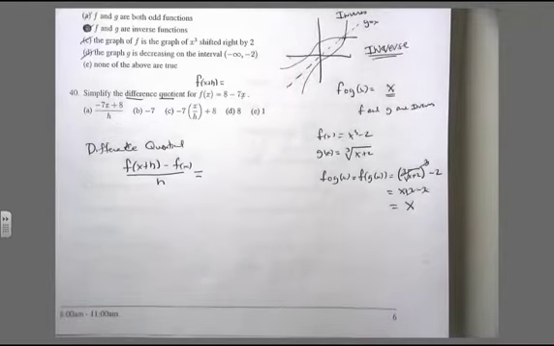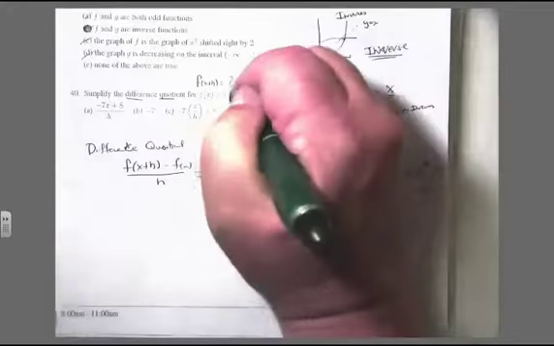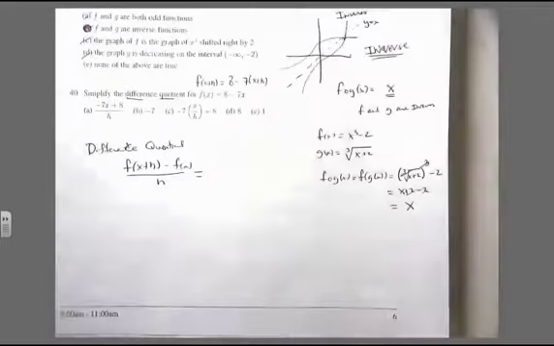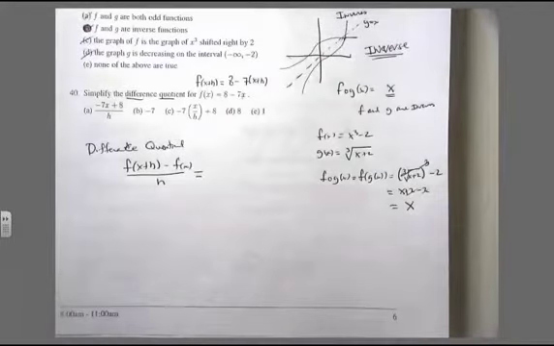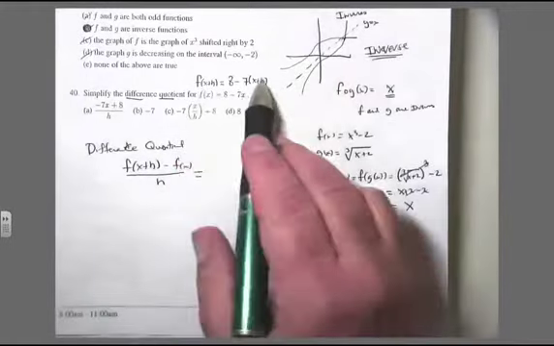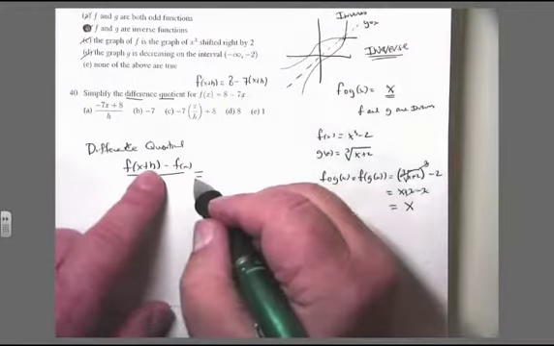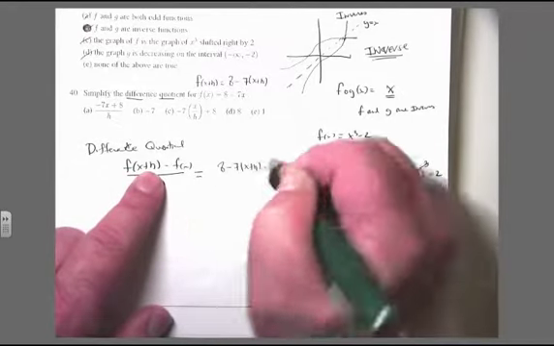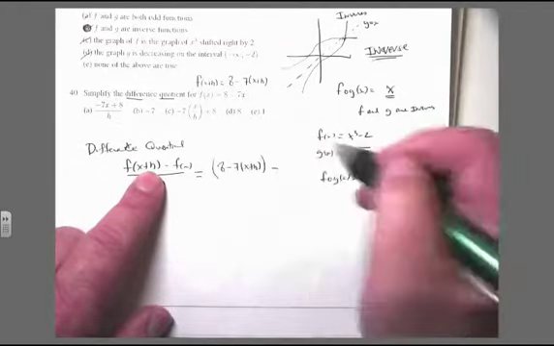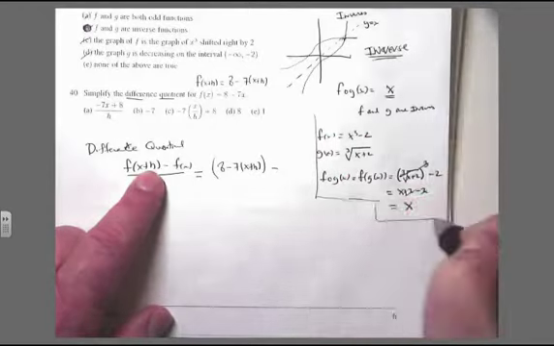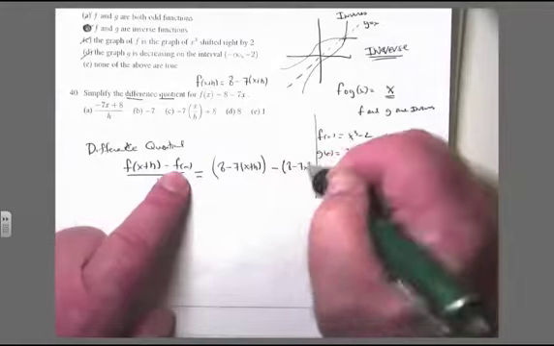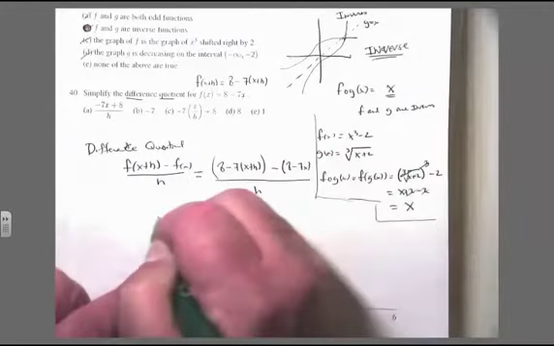So f of x plus h would be 8 minus 7 times, replace the x with x plus h. Does that make sense? Now I'm going to plug it in here. f of x plus h is 8 minus 7 times x plus h, minus f of x. f of x is just the original, in parentheses, 8 minus 7x, all over h.